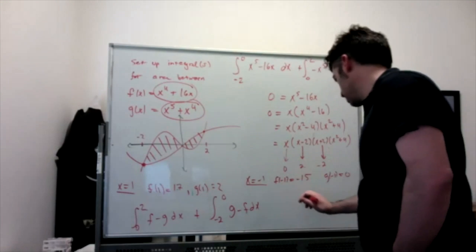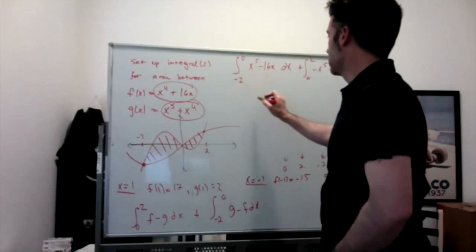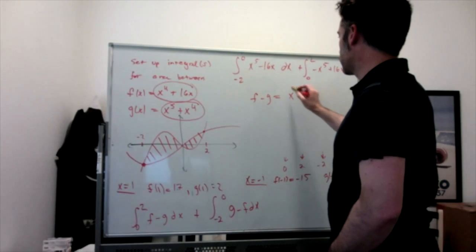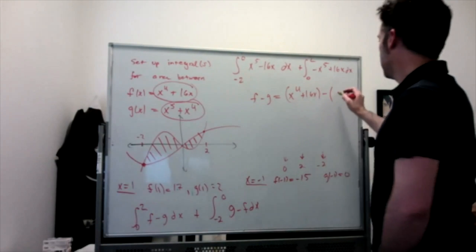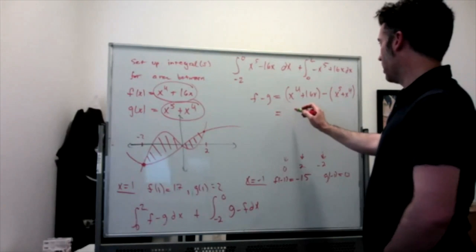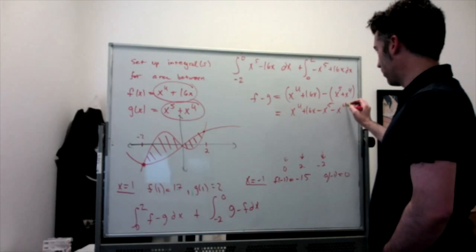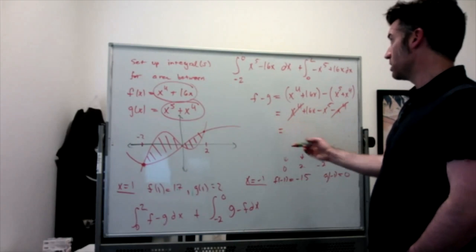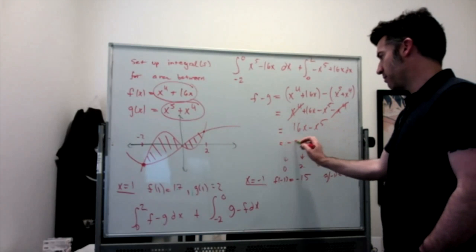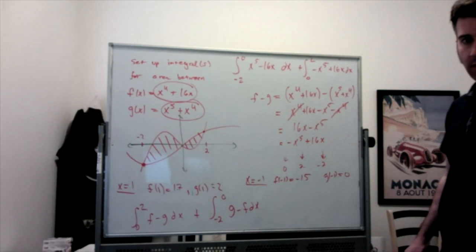So f minus g is x to the 4th plus 16x minus x to the 5th plus x to the 4th. And if you subtract that, you get x to the 4th plus 16x minus x to the 5th minus x to the 4th. Those cancel, and you can either write it as 16x minus x to the 5th or as minus x to the 5th plus 16x, which is what we have here.